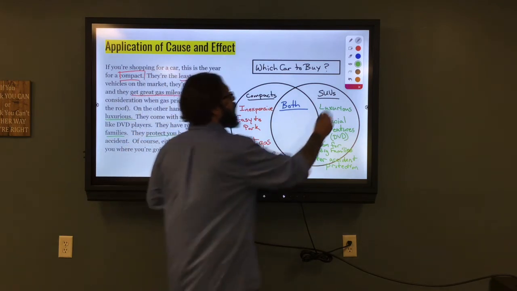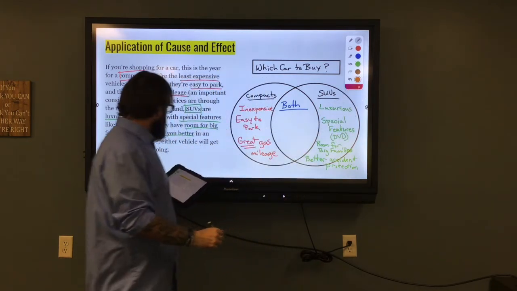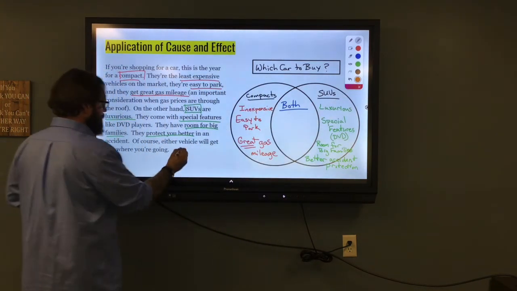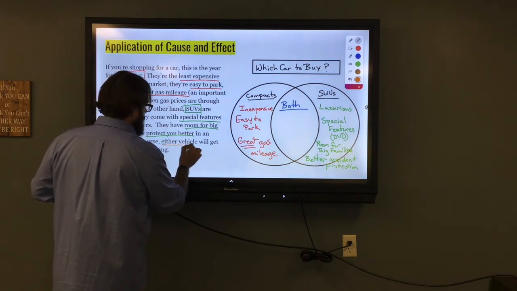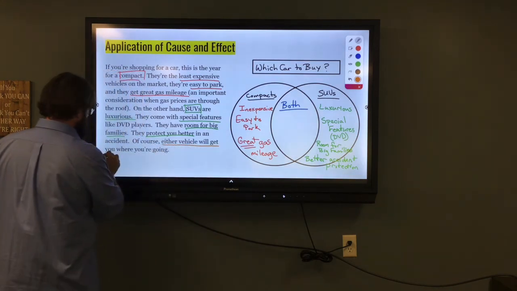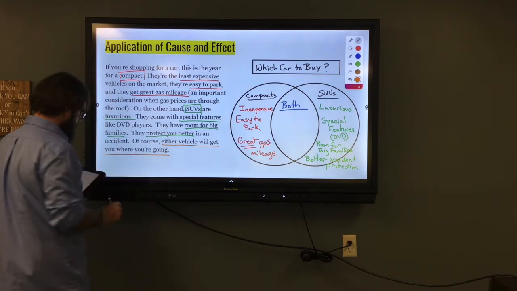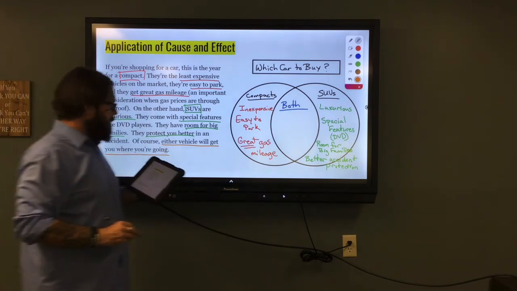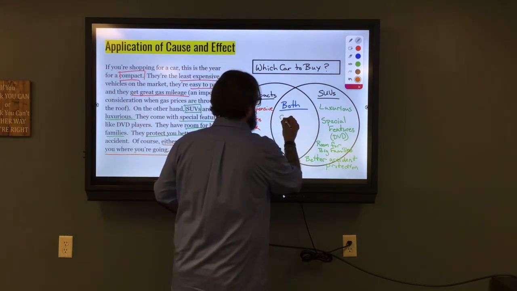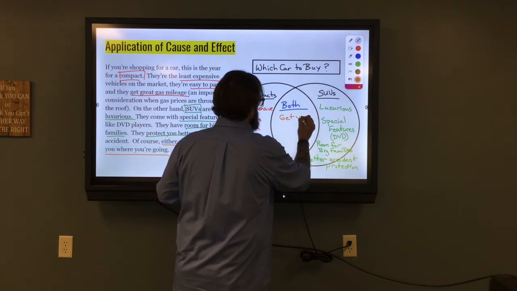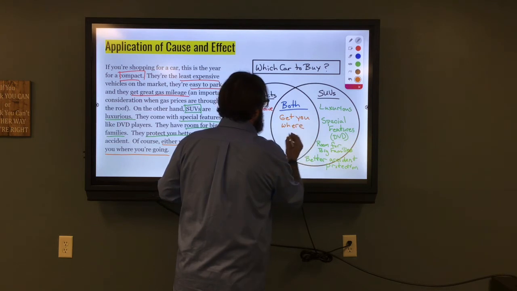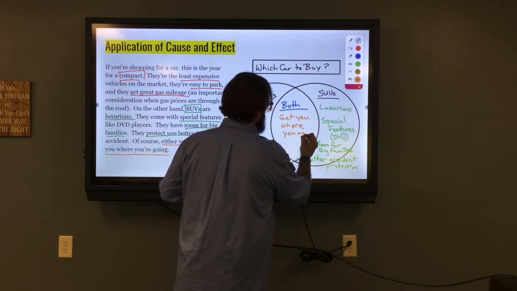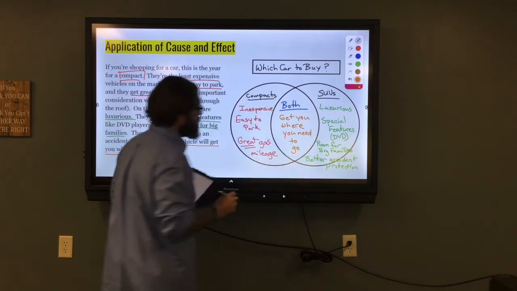Now, what do they both have in common? Either vehicle will get you where you're going. So they both will get you where you need to go. Okay?